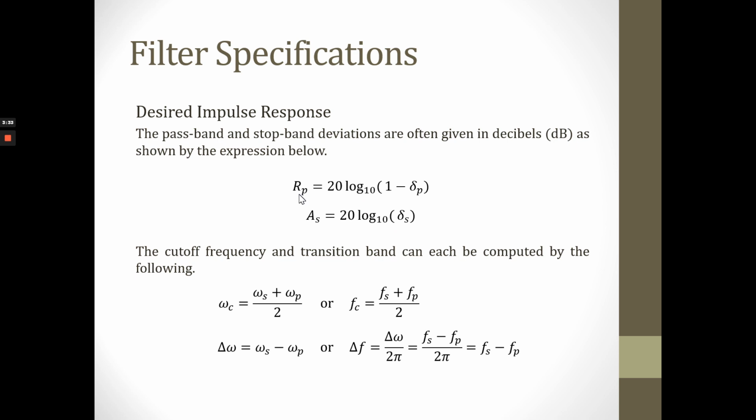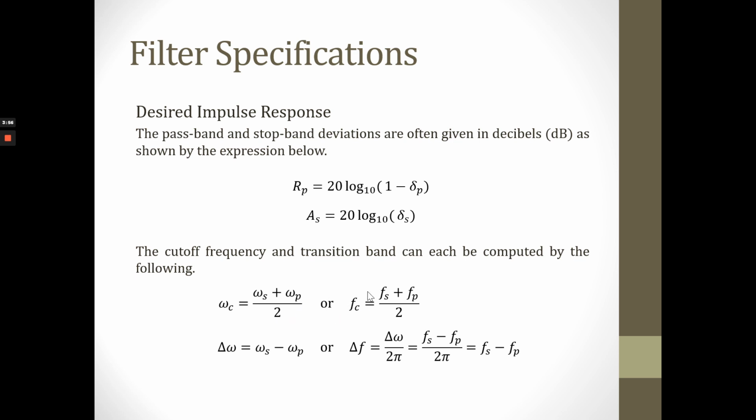This one is for passband deviation and this one for stop band deviation. While the cutoff frequency is equal to omega s plus omega p, the stop band cutoff frequency and the passband cutoff frequency, divided by 2.